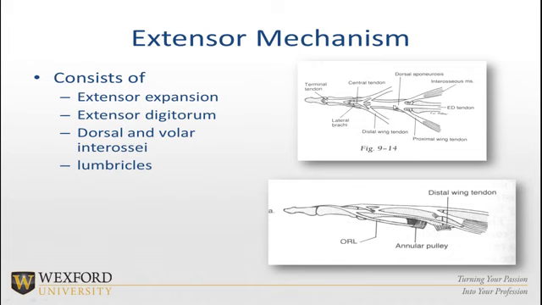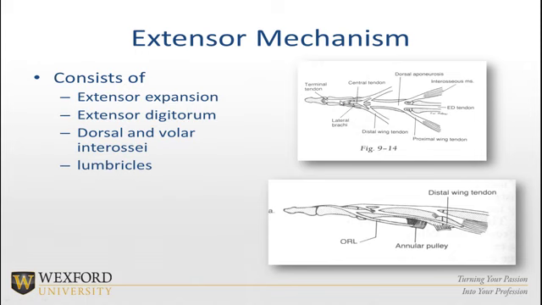So we have this extension into the base of the middle phalanx. Two lateral bands pass on either side of the central tendon, cross the proximal joint, and reunite to insert into a single terminal tendon in the distal phalanx. So we cross and create a terminal tendon.